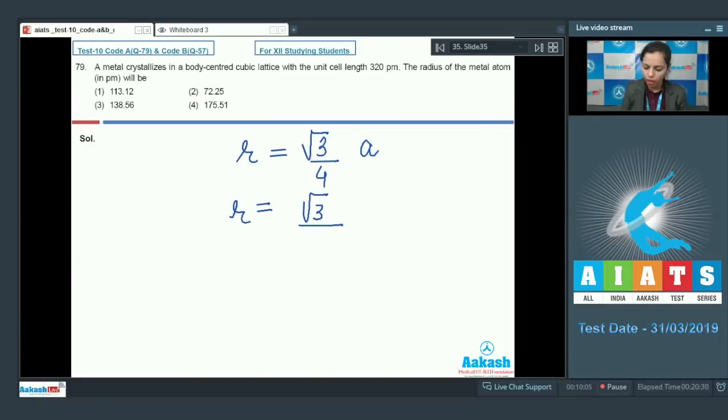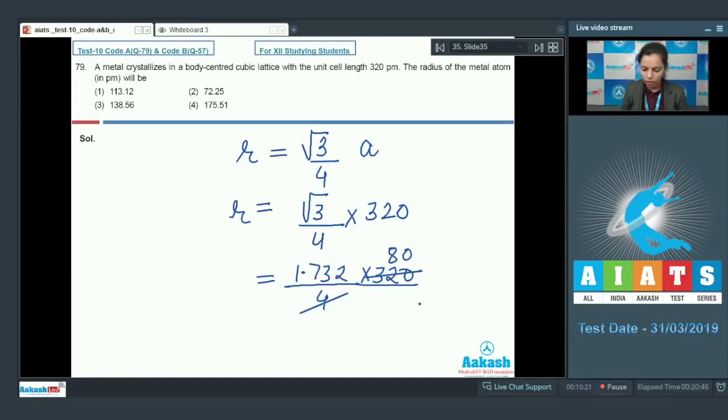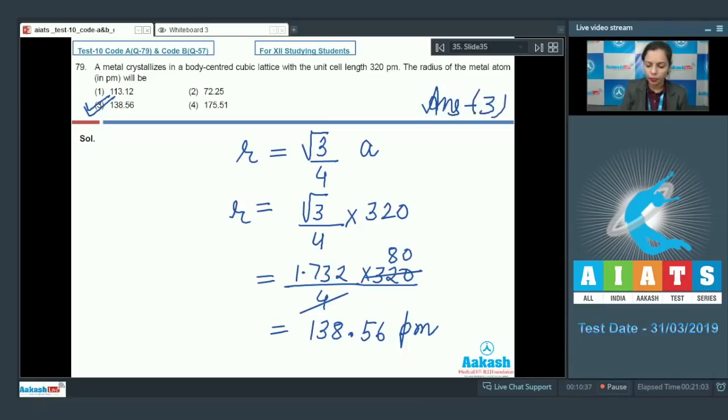So R is root 3 by 4 into 320 picometer. The value of root 3 is 1.732 divided by 4 into 320, and this becomes 80 times 1.732, approximately 138.56 picometer, and that's correctly given here in option 3. That becomes your correct answer.